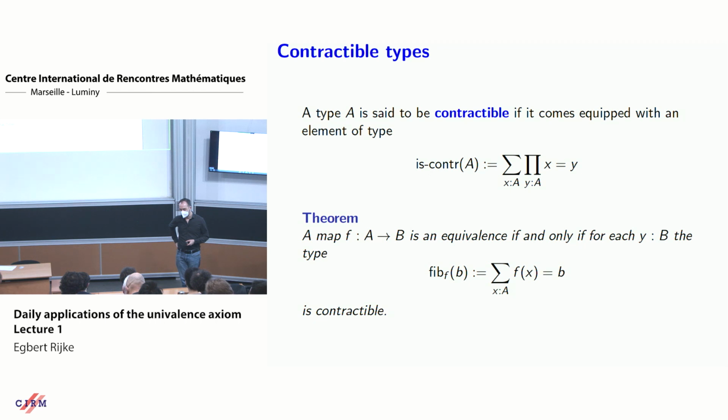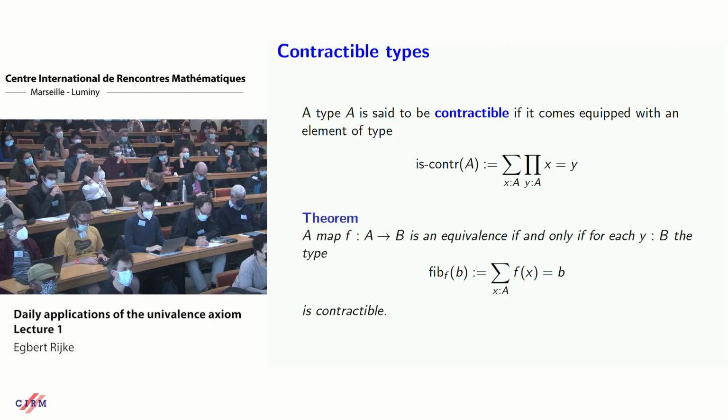The whole of Lurie's book is based on simplicial sets, and the question immediately is, can we generalize Voevodsky's simplicial model of type theory? And Mike Schulman finally answered this question in 2019, I think, that yes, you can.